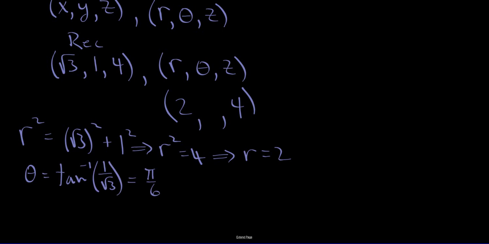Because remember, on the unit circle, the y is 1/2, the x is square root of 3 over 2, so 1 over that, so it's going to be pi over 6. And there we've converted. So the only additional thing that you do with cylindrical is take into consideration the z. And that's it.